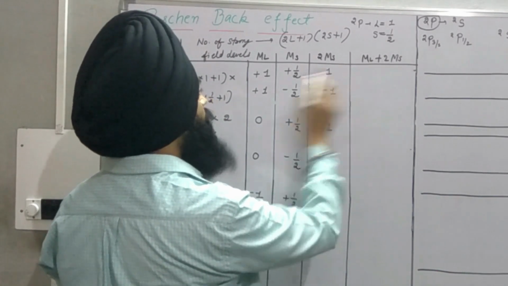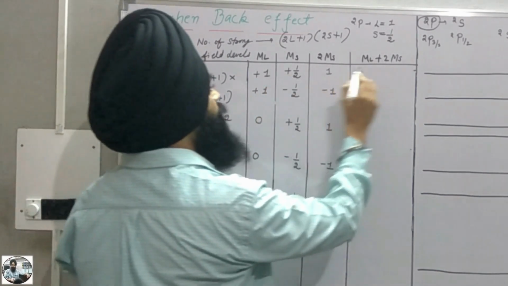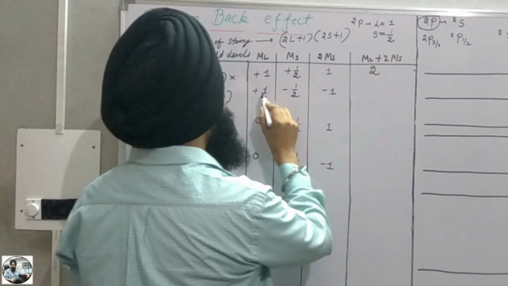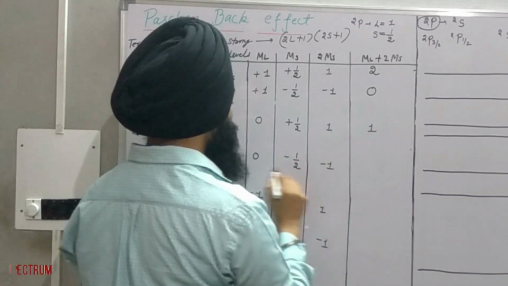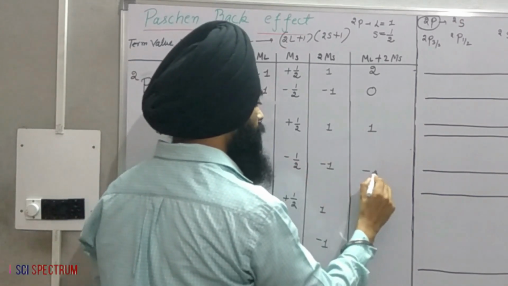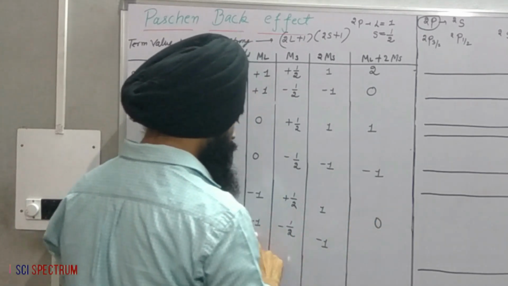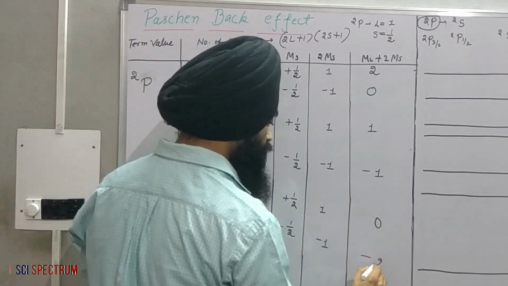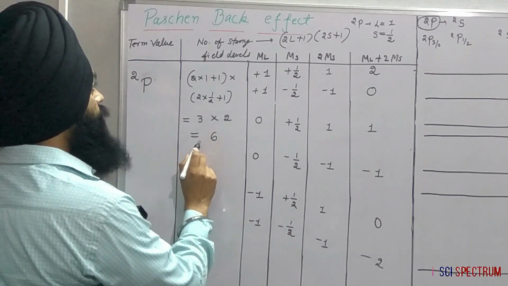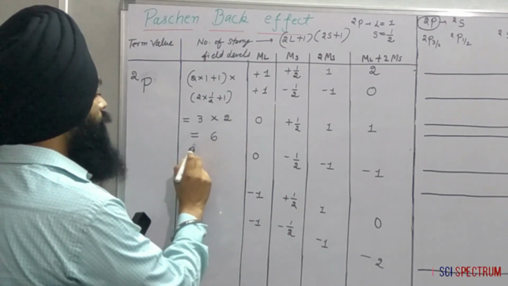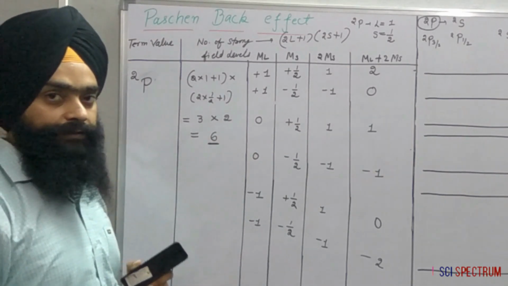Now apply this formula, we will add ml and 2ms. So here 1 plus 1 is equal to 2, 1 minus 1 is 0, 0 plus 1 is 1, 0 minus 1 is minus 1, minus 1 plus 1 is 0, minus 1 minus 1 is minus 2. So according to this formula, the total number of strong field levels should be equal to 6. Let us check whether these are 6 or not.